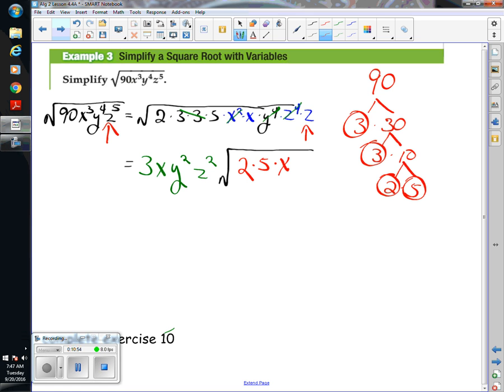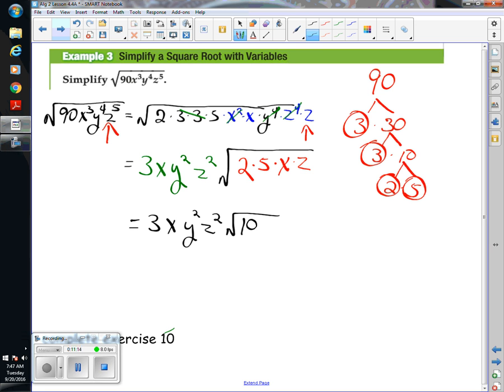Okay? So now we'll take a look at what we've got all together. I'm going to put it all together, then we're going to clean up our answer just a little bit. I have 3x y squared z squared, square root 2 times 5 is 10. I have an x and a z.